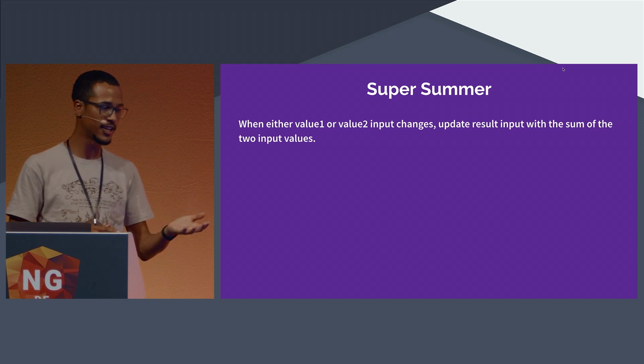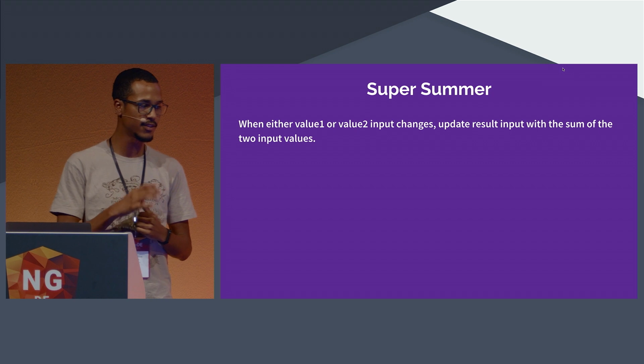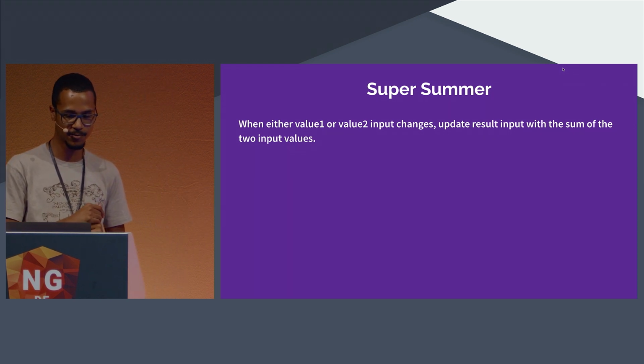So now that we know the basics, I want to show you a quick example of how to solve problems by thinking reactive. So let's apply it to our initial example, the super summer form. The problem definition is very clear. When either value changes, we should update the result input with the sum of the two other values.